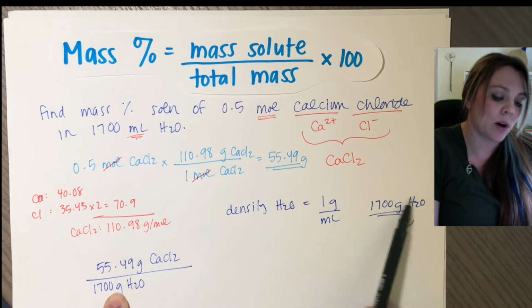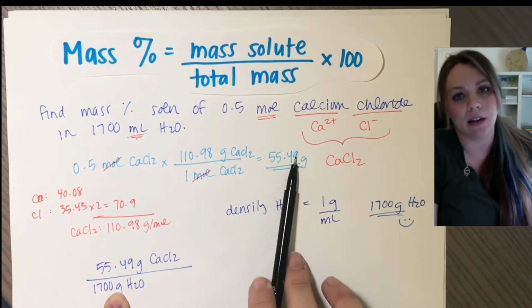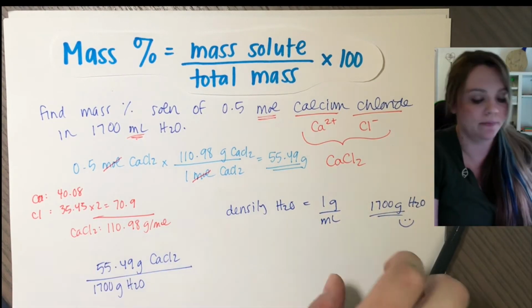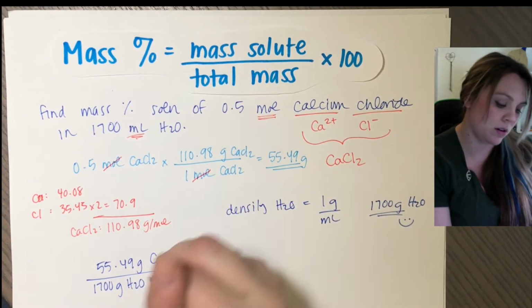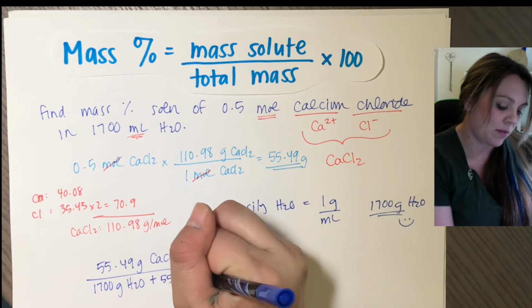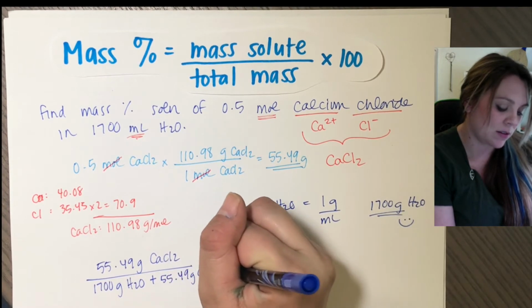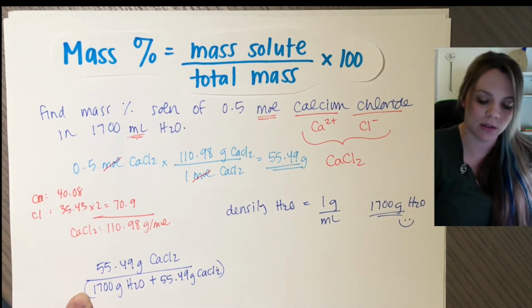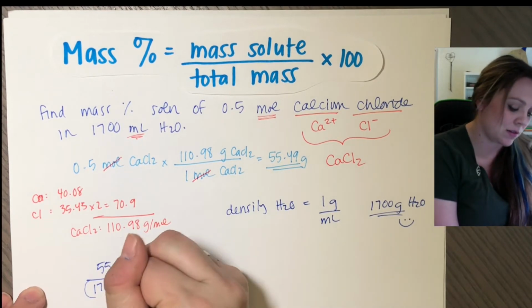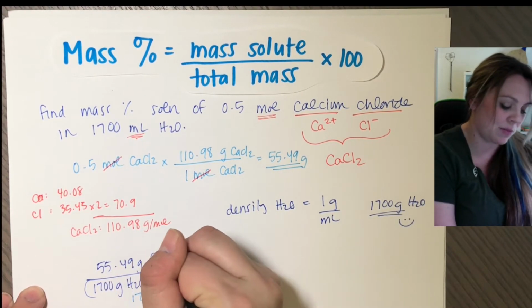Total mass is my water and my calcium chloride that I'm adding to the water. So make sure you add your 55.49 grams of CaCl2, okay? I have to have the total mass. And this is easy. This is just 1755.49.